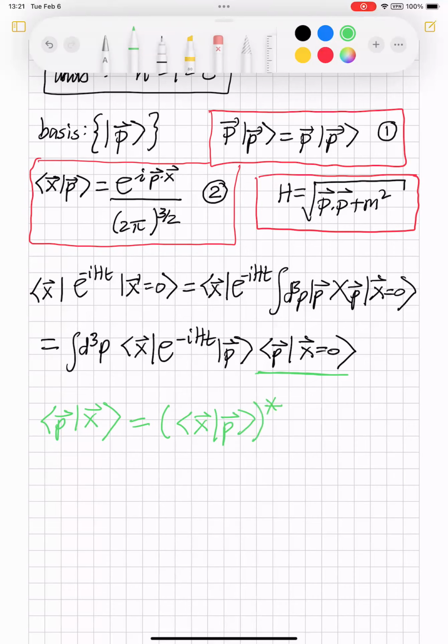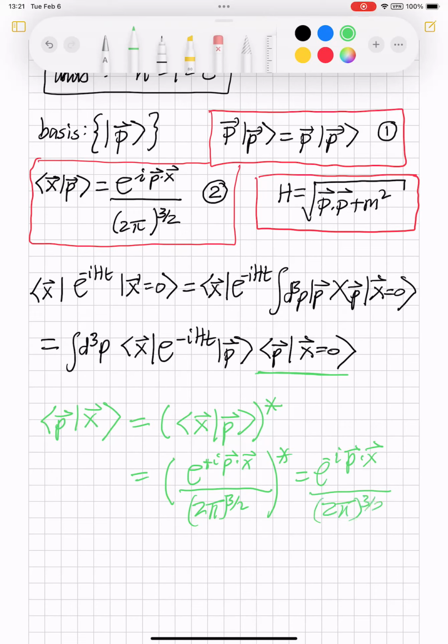And from equation 2 above, I know that this is equal to e to the minus i p dot x over 2 pi to the 3 over 2. It's complex conjugated, so all that's going to do is change the sign. Oh, sorry, the sign was a plus. It'll change that sign to a minus i p dot x over 2 pi to the 3 over 2.